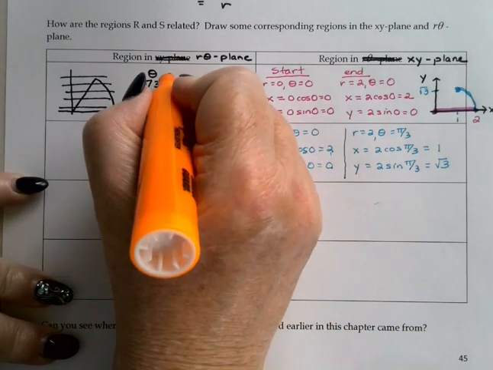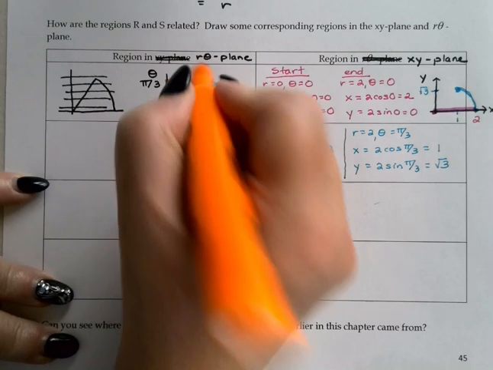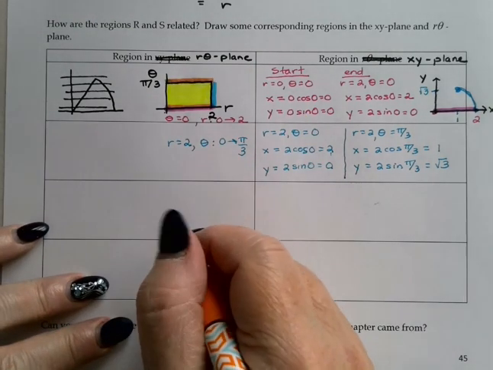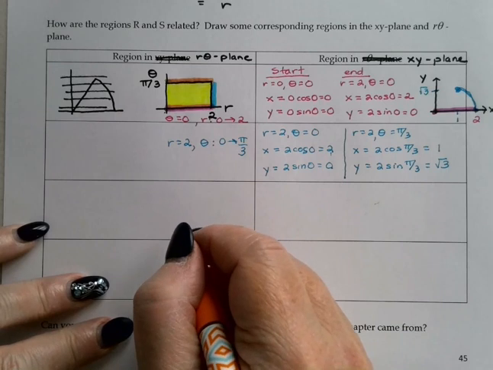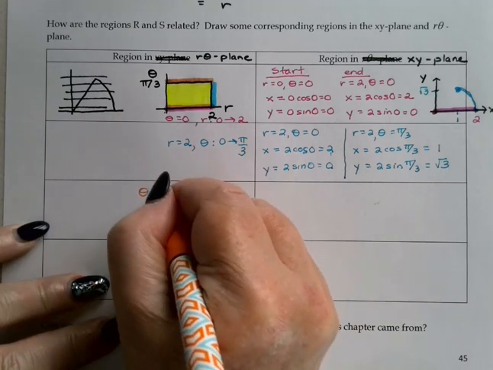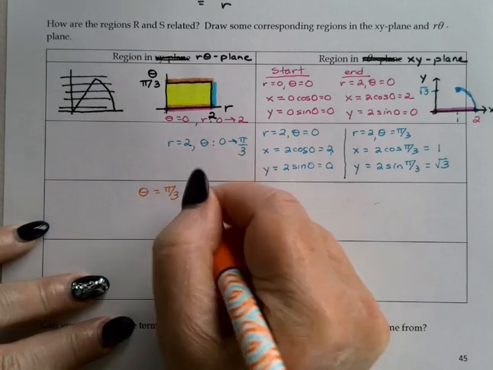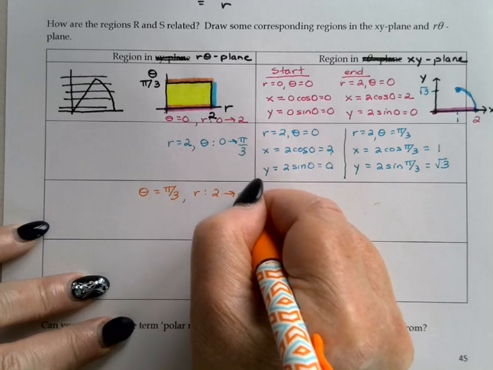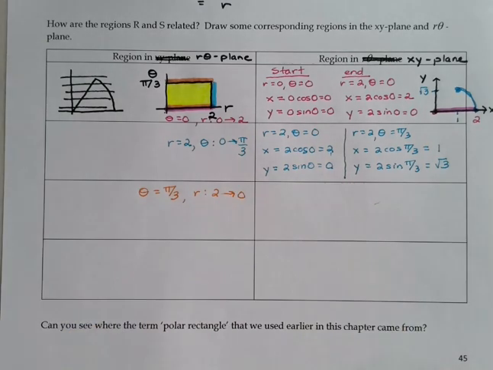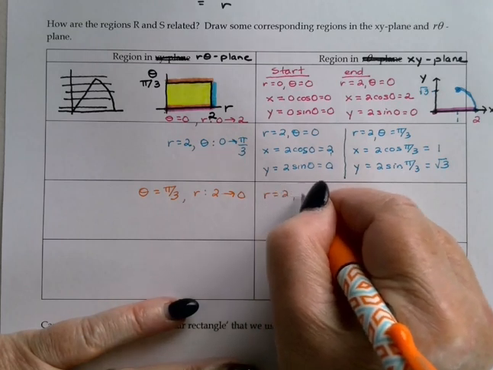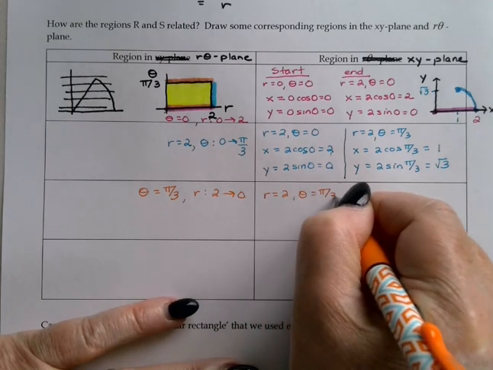All right, I'm going to think about the top now. On the top here, theta is pi over 3 all the time, but r goes from 2 to 0. So we start out with r equal 2, theta equal pi thirds.